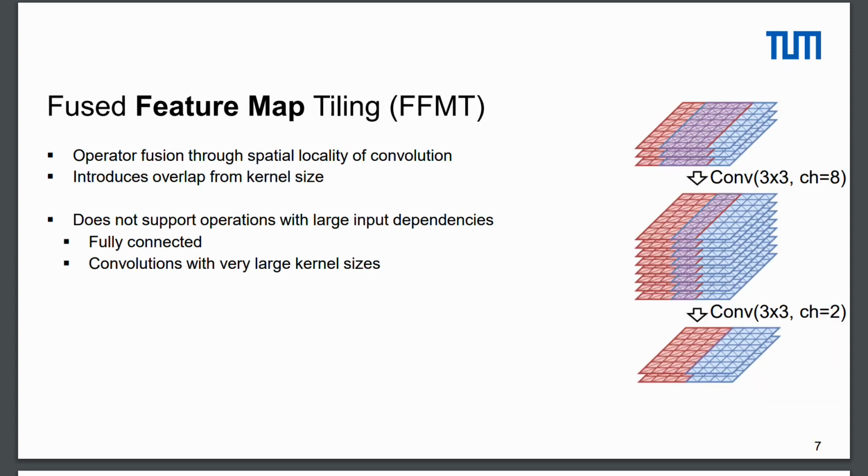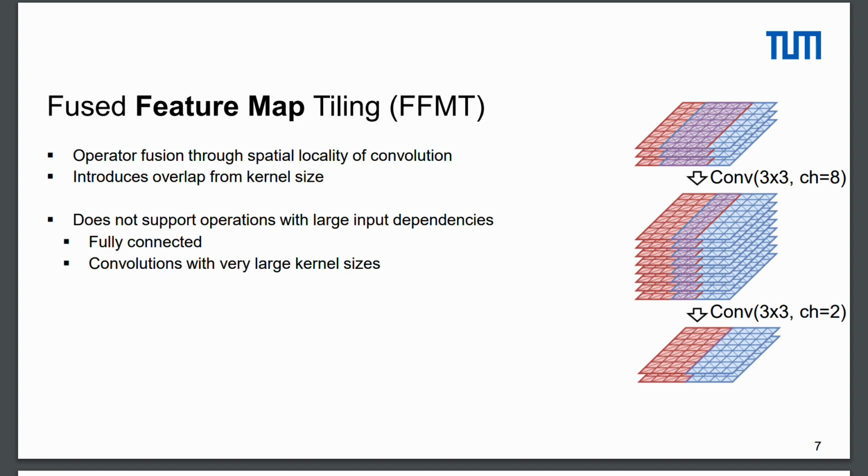This is nothing new in particular. What we have called this, how it is typically done, is fused feature map tiling. For this, let's assume we have 3 intermediate buffers, with a large one in between, produced by 2 consecutive convolutional operations. So let's say first 8 output channels and then 2 output channels.